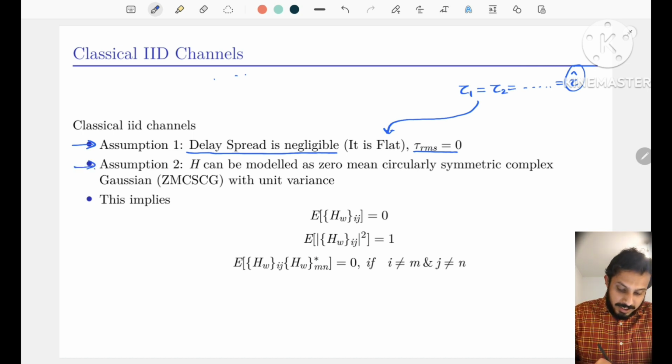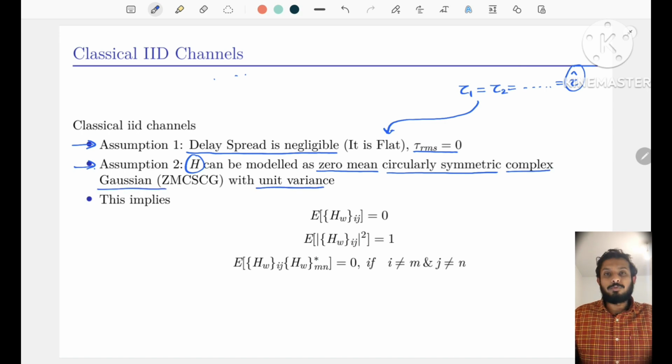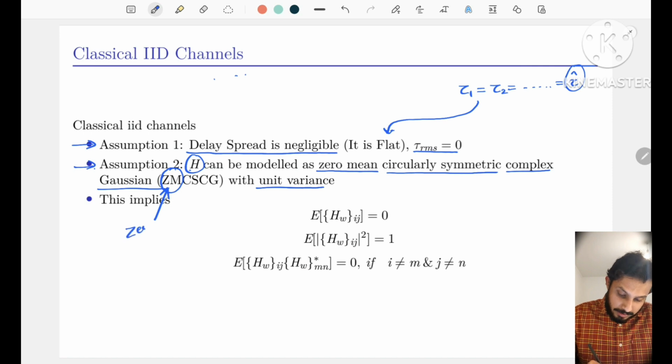Then the second assumption is that H is modeled as zero mean, circularly symmetric, complex Gaussian with unit variance. What it means is each component of H has a zero mean, then complex Gaussian.